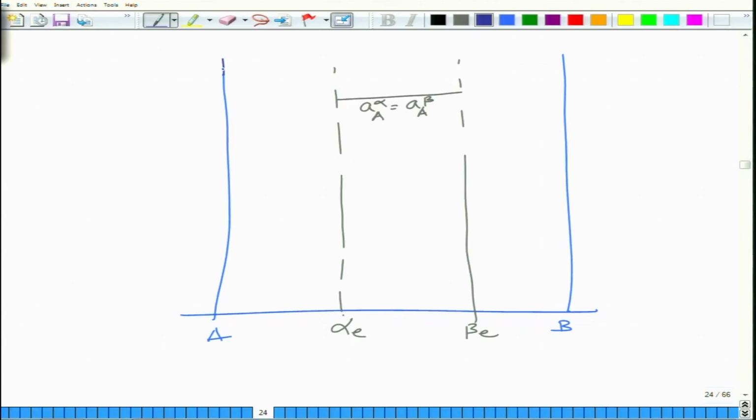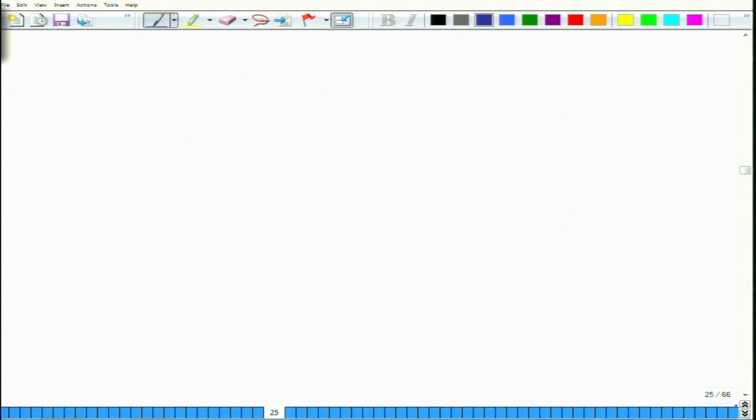For pure A it would be 1, so it will start from 1. So this is A A here, and then it will go through a plateau, before it goes to 0 in this regime. So this is how two-phase equilibrium will be.